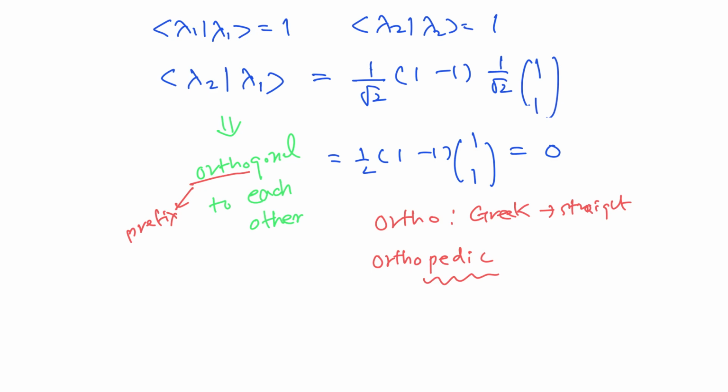There's another Greek word, means bone. So orthopedic is a branch of medicine that straightens, fixes the bone, right? Bone problem.